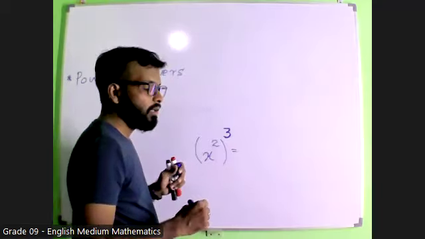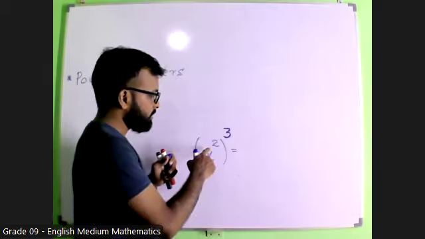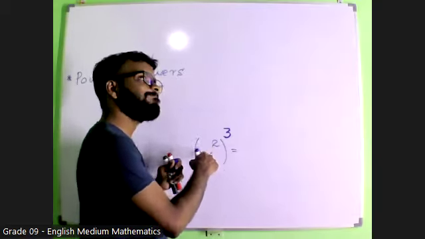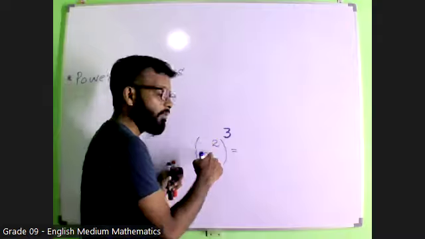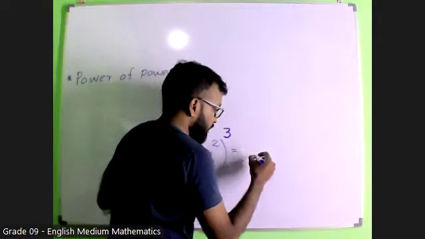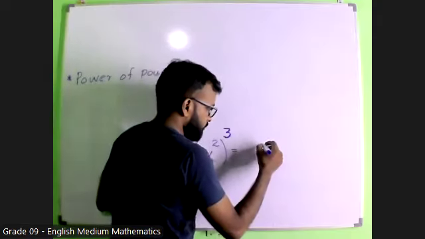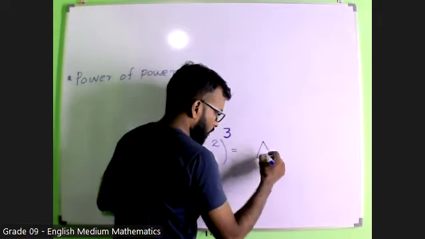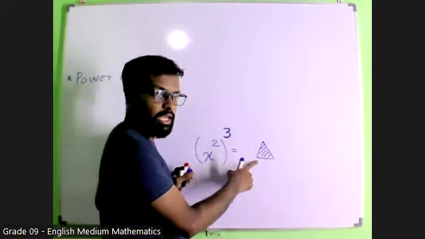So let's say, for an example, x to the power 2 equals a triangle. Now this is a triangle.